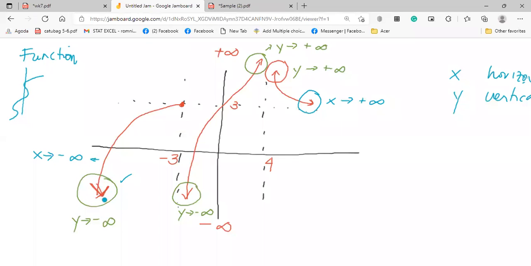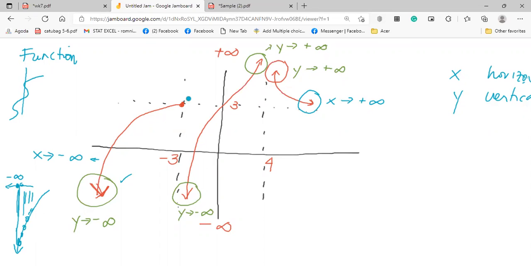Kasi nakikita mo ang movement ng graph na to. Kung pababa siya ng ganyan, ibig sabihin, kinukuha niya yung mga infinitely negative values of x. Naka-arrow pa siya, so tuloy-tuloy lang siya sa movement. What else?